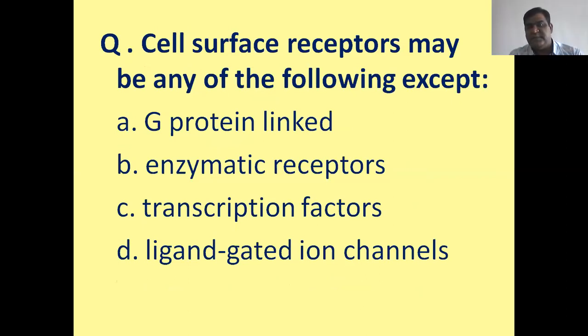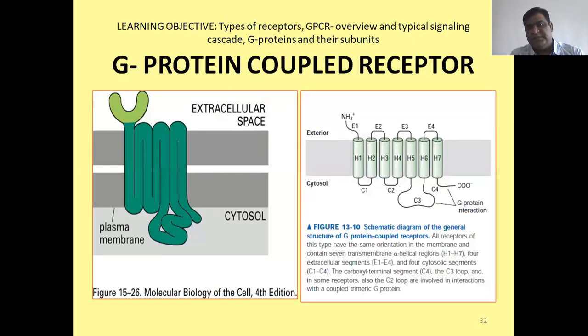Cell surface receptors may be any one of the following except transcription factors, because transcription factors are in the nucleus. Now we are coming to the G protein coupled receptor. This is a very important category. A variety of pathways, a variety of signaling cascades in the cell are governed by GPCR.